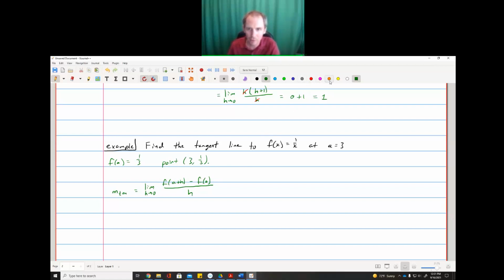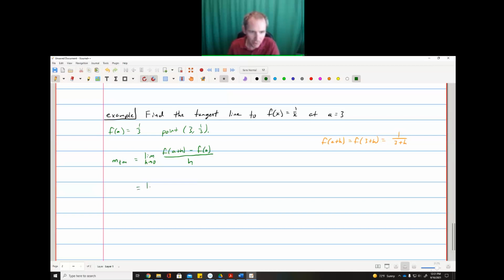So I'm going to compute that off to the side. F of a plus h is f of 3 plus h, which is 1 over 3 plus h. And here there's no simplifying to do, so I'm just done. Right? Okay.